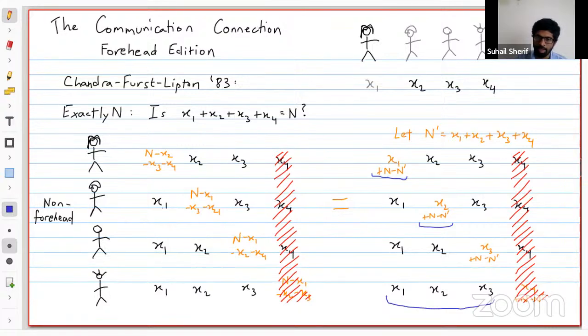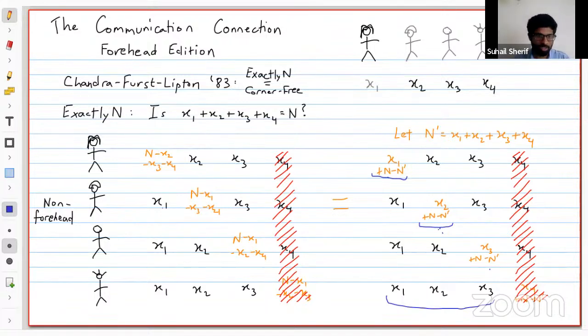And here we've added n minus n prime times e1, n minus n prime times e2, and n minus n prime times e3. So essentially, with this protocol, solving exactly n is exactly the same as solving this problem where each person is given a vector and they want to know whether their vectors form a corner or whether all their vectors are equal. So it's equality with the corner promise.